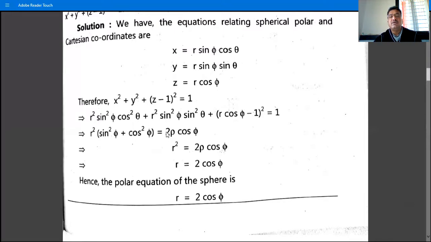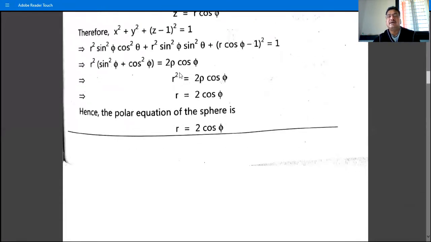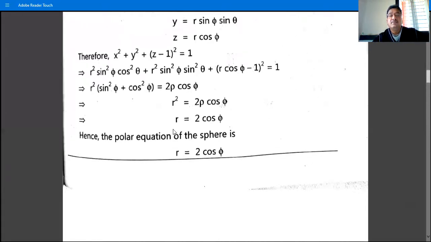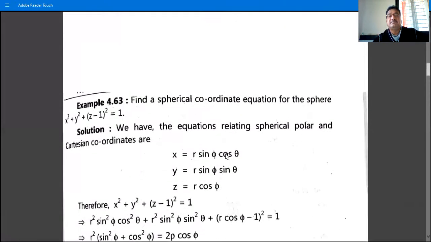Either use r or rho notation. Here is the confusion that sometimes we use r as well as rho. Here it is r. So r square equals 2r cos phi, and then cancel one r from the left side and right side. We have r is equal to 2 cos phi. So r is equal to 2 cos phi is the polar equation of the sphere in spherical coordinates. It is called a polar equation.